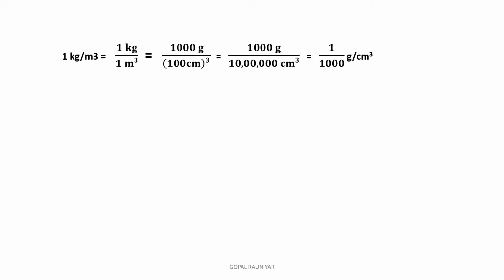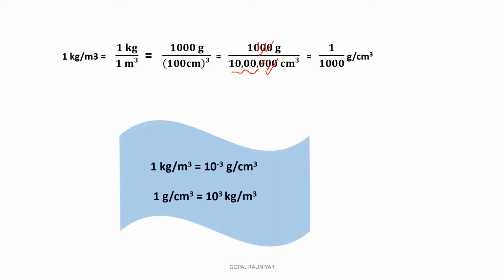Now we cancel the zeros. What remains is 1000. So 1 kilogram per meter cube is equal to 1 upon 1000 gram per centimeter cube, that is 10 raised to the power minus 3 gram per centimeter cube. Similarly, 1 gram per centimeter cube is equal to 10 raised to the power 3 kilogram per meter cube, or 1000 kilogram per meter cube.